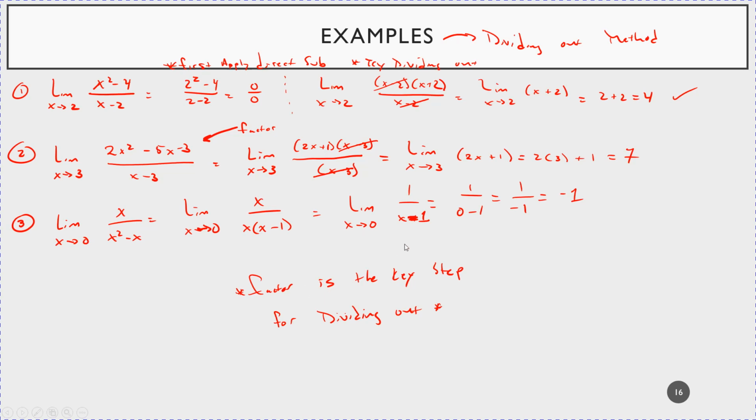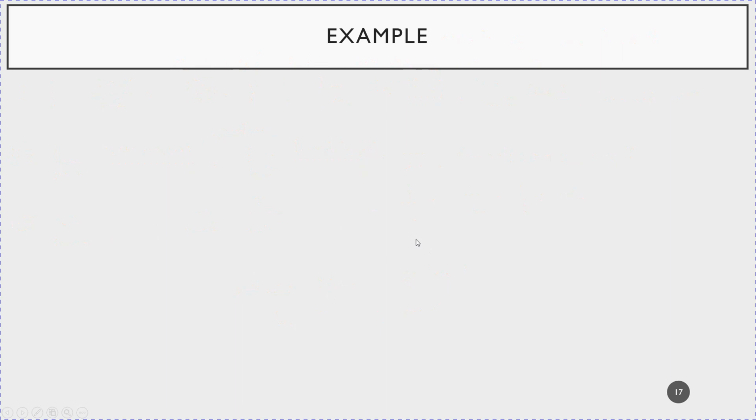All right, let's do two more here. Okay, so again, these are the dividing out method. So let's take a look at this one here.